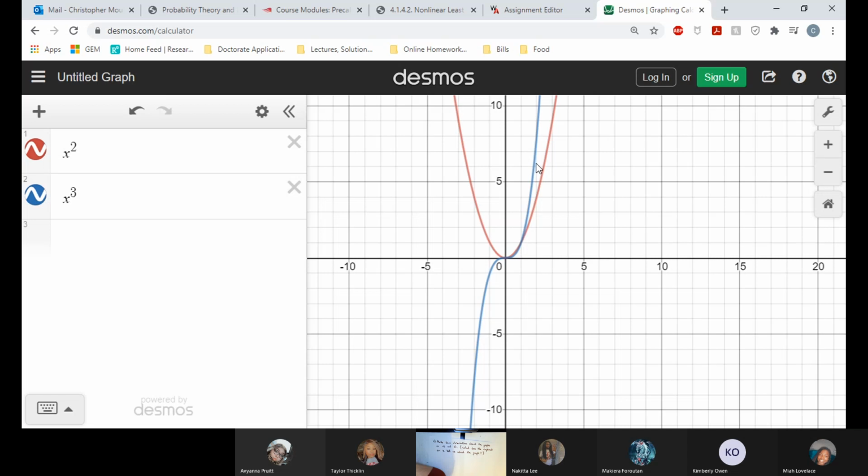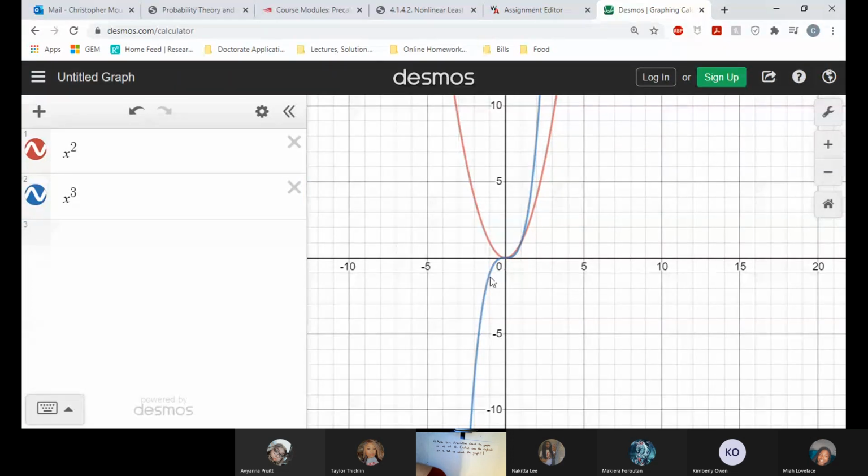Definitely x cubed is skinnier in a way, right? It's growing faster, right? For instance, the point 2, 4 is on the red function x squared, whereas the number 2 for this function is all the way up at 8 already, right? So it's growing much faster.